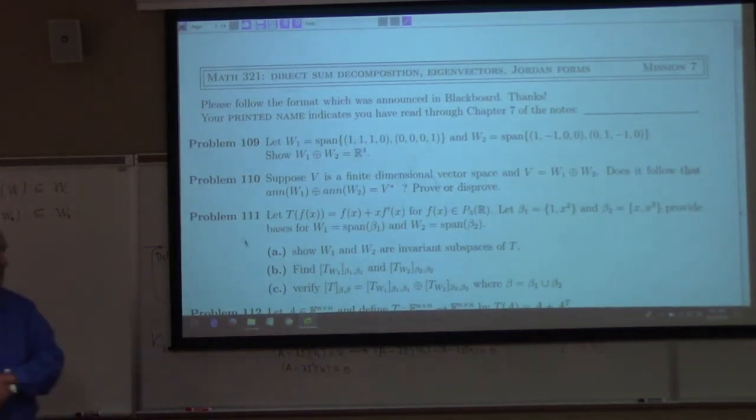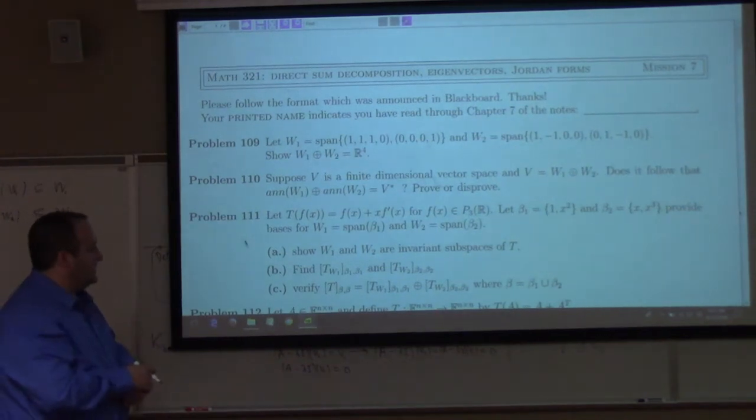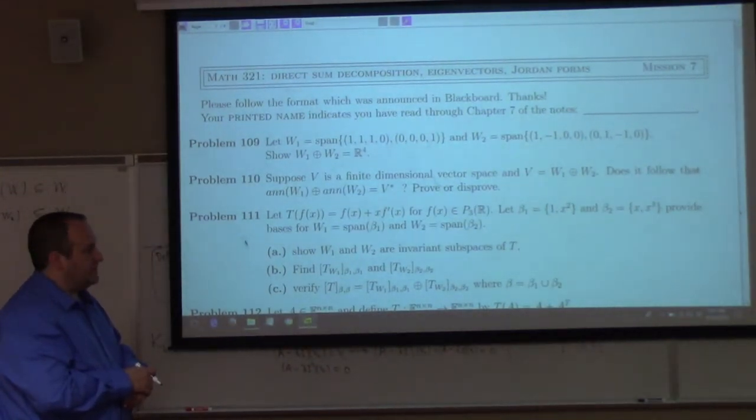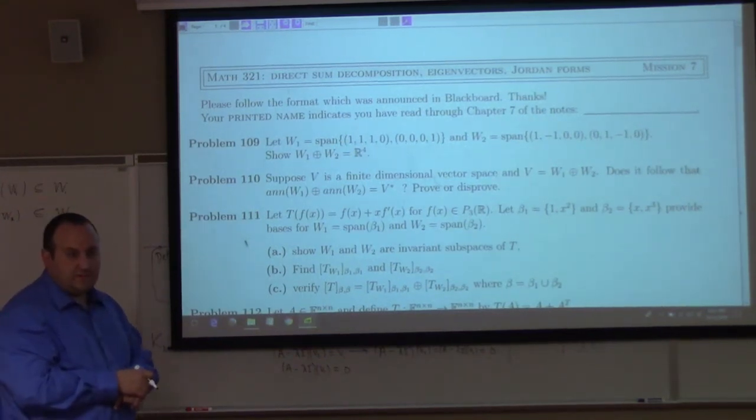So pretty much all you've got to do is look at T of A plus BX squared and see what happens to it for W1. And you need to look at T of AX plus BX cubed to check out W2, right?